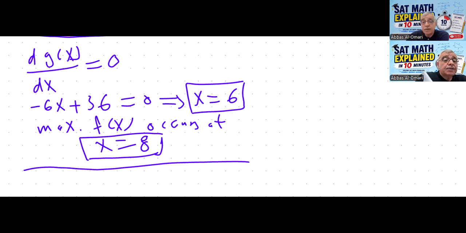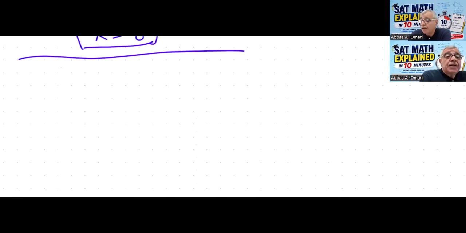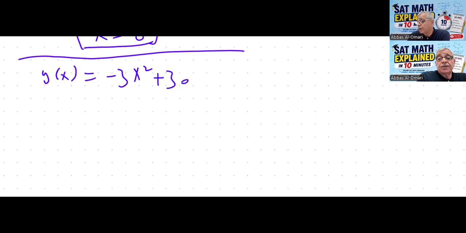Now, there's also another way to solve the problem. Let me also do it. This is longer, but I will just show you. g of x equals minus 3x squared plus 36x minus 104.